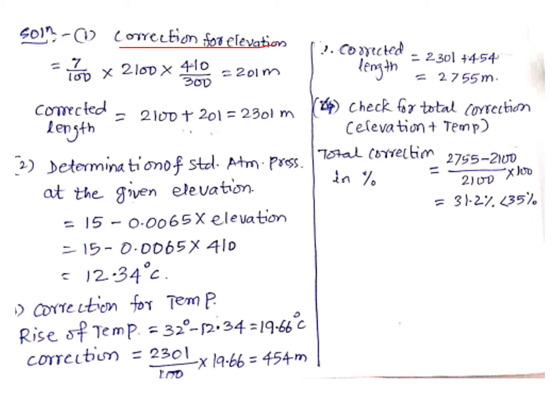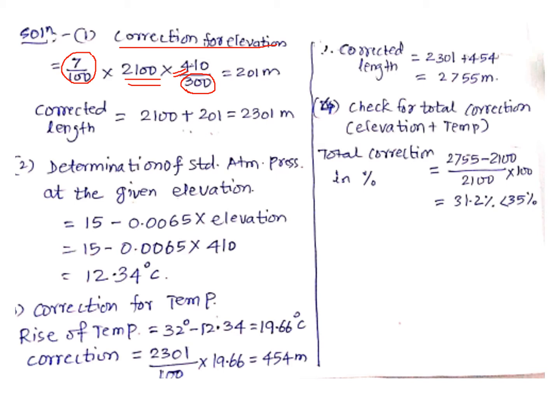The correction for the elevation is always 7% of the basic runway length per 300 meters. 2100 is the basic runway length, and this is for 300 meters, so 7% against 300, but we know that this is the value for 410 meters.